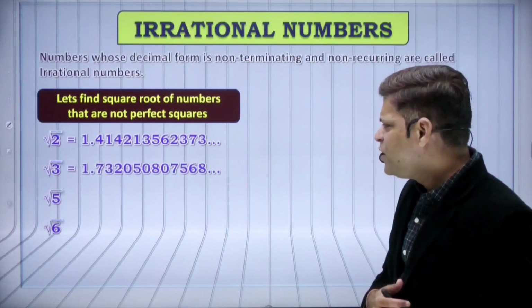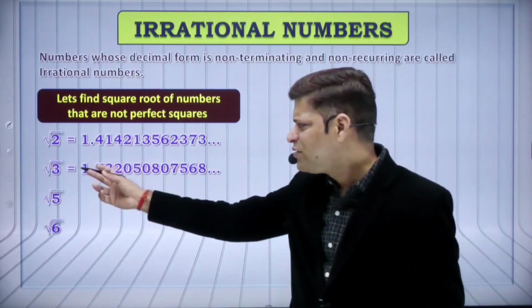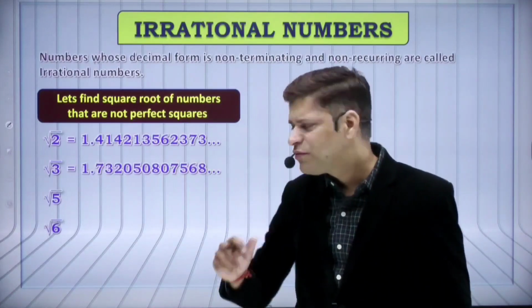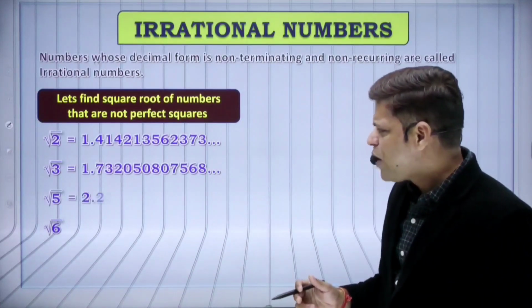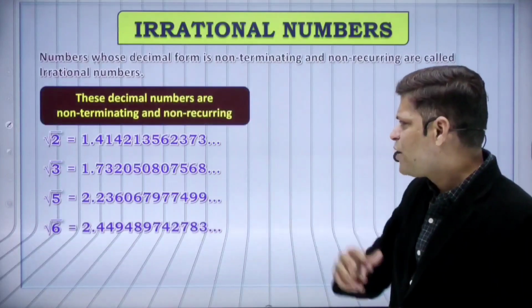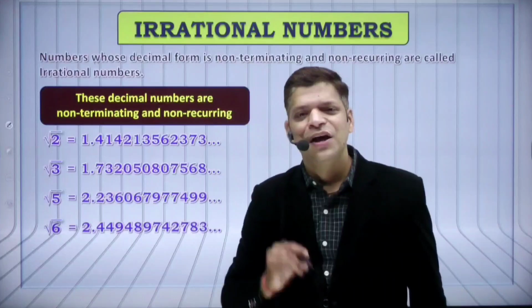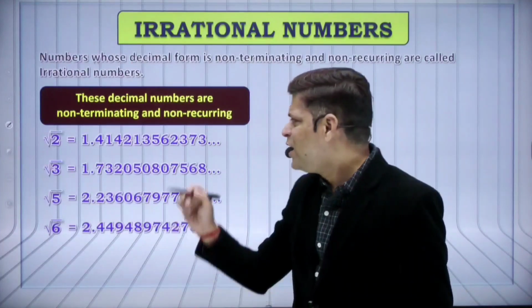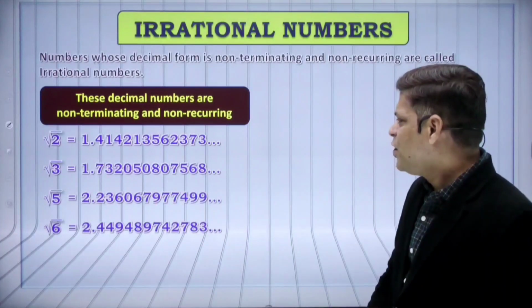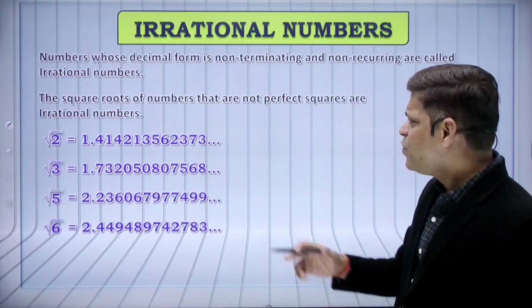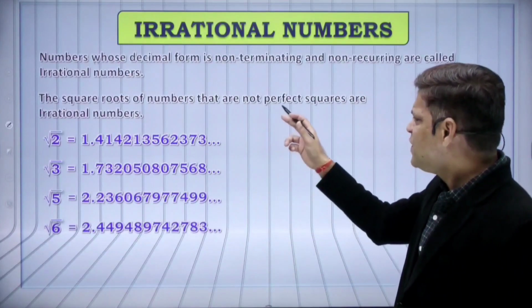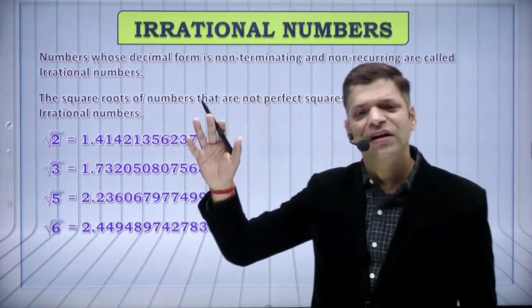Similarly with the square root of 3, the square root of 5, and the square root of 6. These decimal numbers are non-terminating and non-recurring.